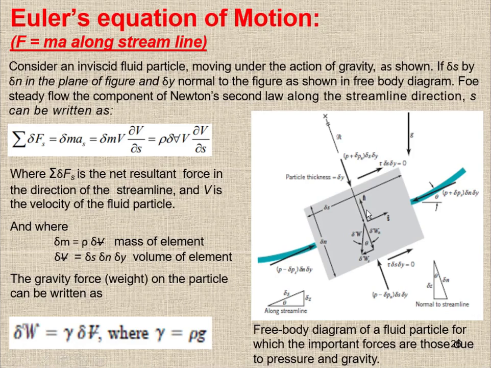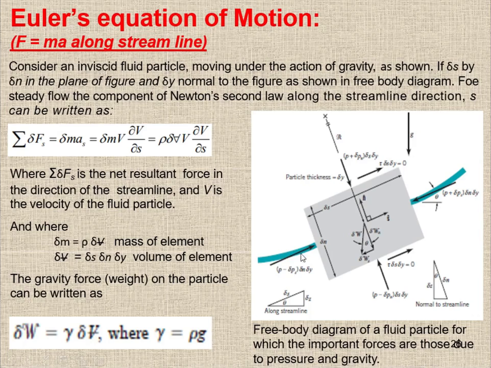Here is the free body diagram. This is the force acting normal to the streamline, so we are not considering it. We are considering the forces only along the streamline.